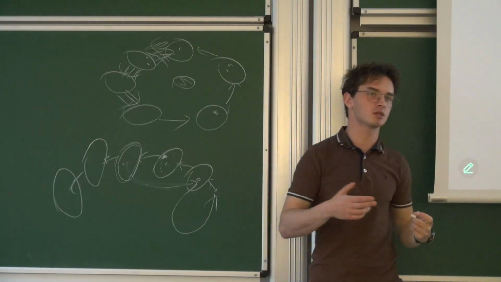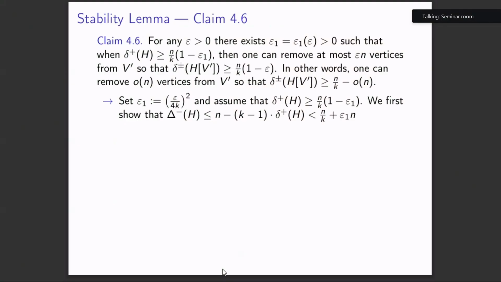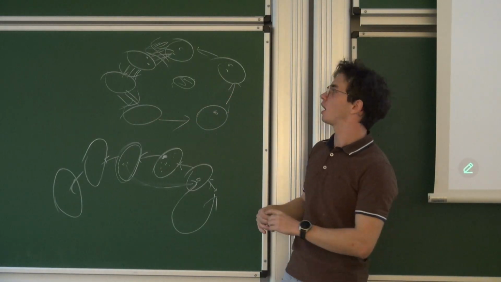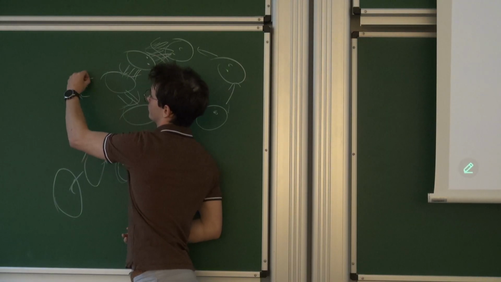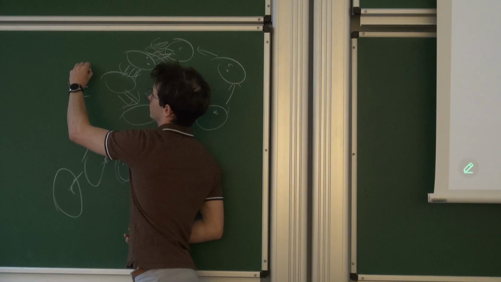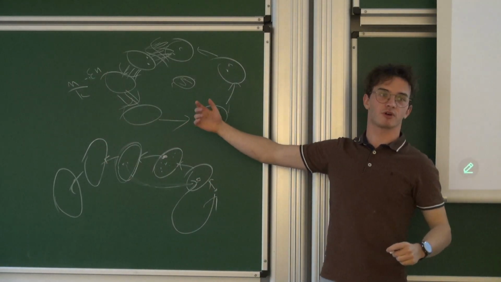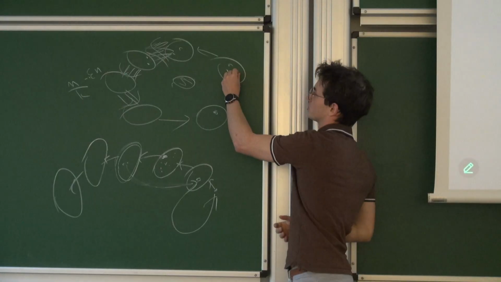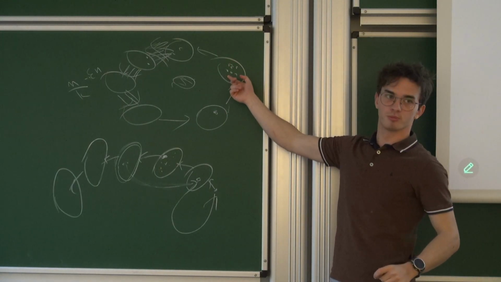What does that mean? If we do some clever double counting, we also need to bound, also we need to know that every blob is large, and large meaning n by k plus epsilon n minus epsilon n. It implies that the indegree of the vertices here, the maximum indegree, is also bounded.